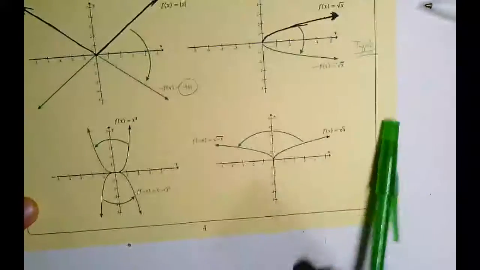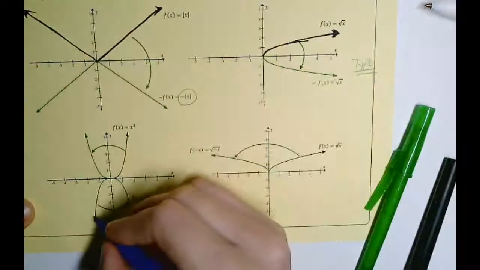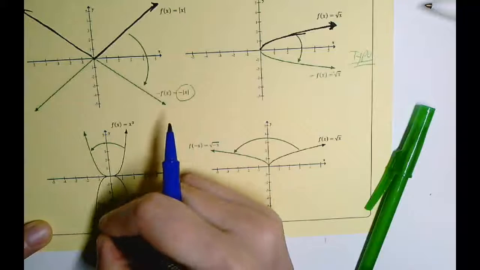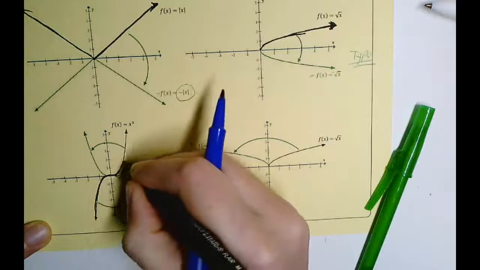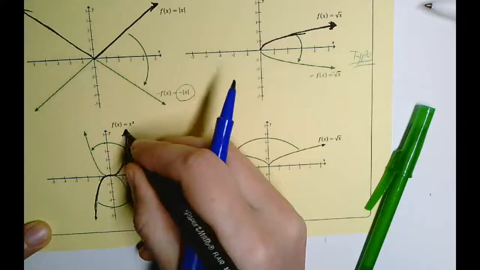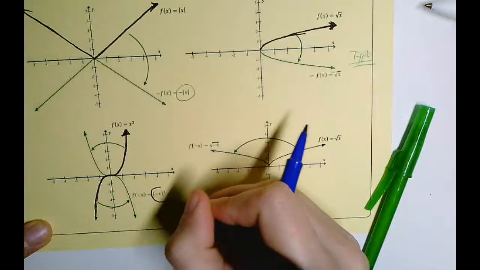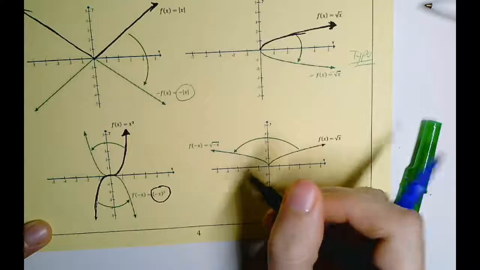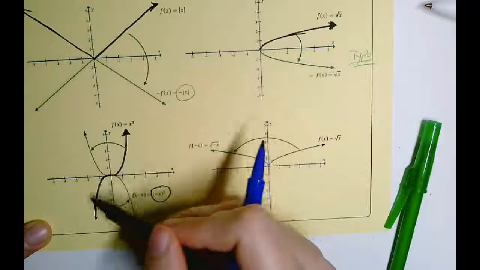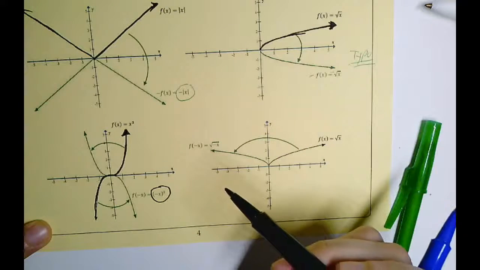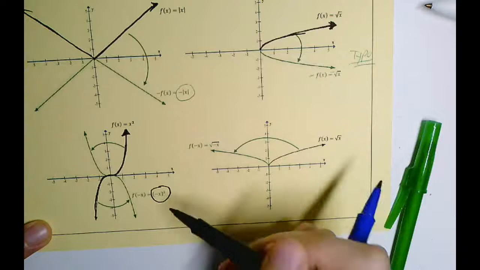Now, if I have the graph of x cubed, and I want the graph of negative x cubed, then I just reflect the graph of x cubed over what now?